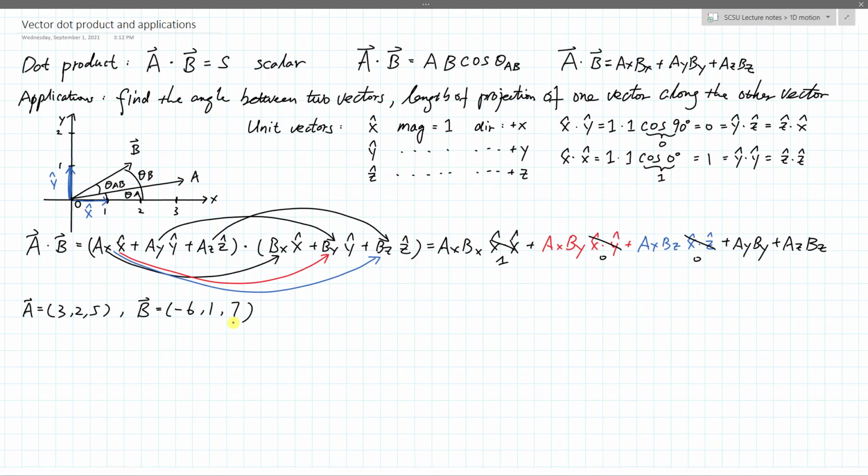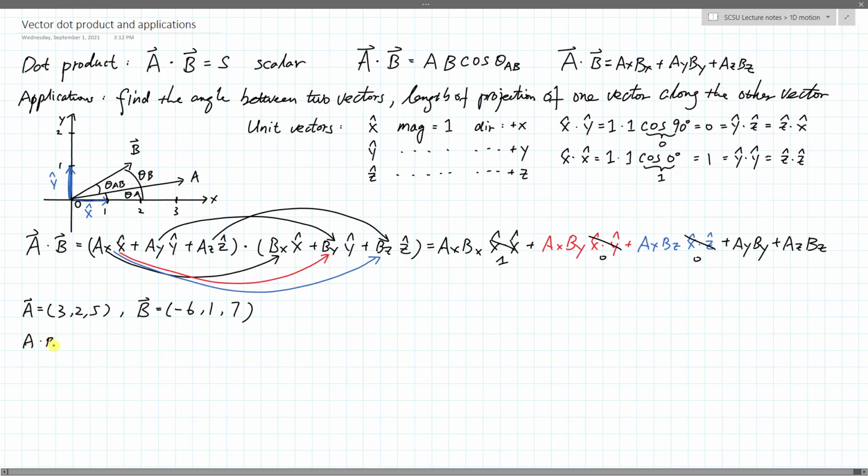Okay, so let's calculate the dot product A dot B. That'll be AX BX plus AY BY plus AZ BZ. And the product is a scalar, just a number, no longer a vector. So AX BX is 3 times -6, AY BY is 2 times 1, AZ BZ is 5 times 7.